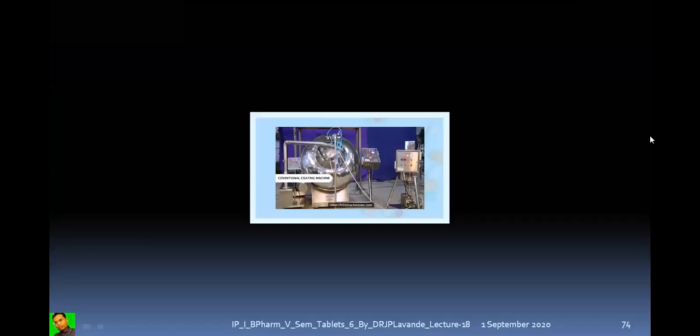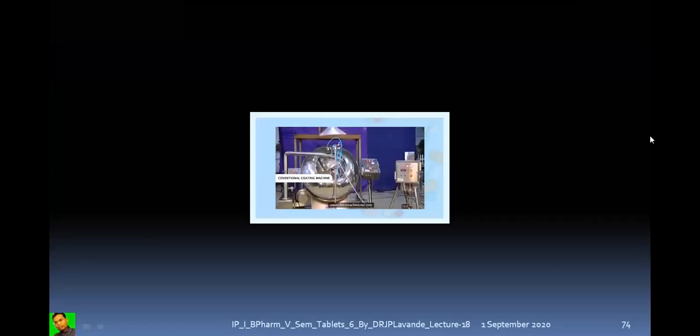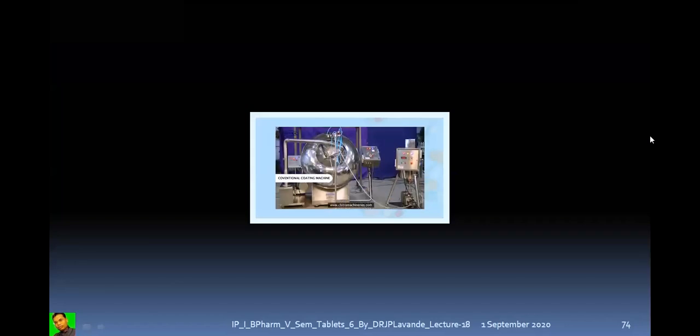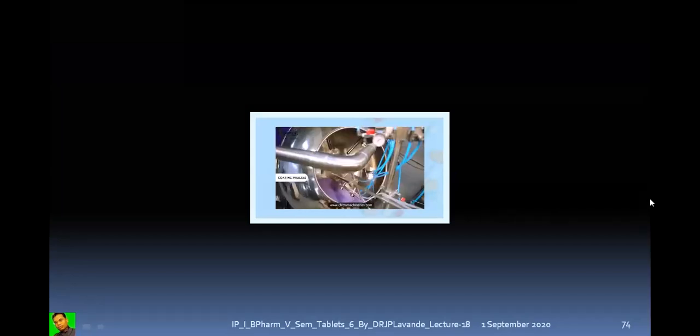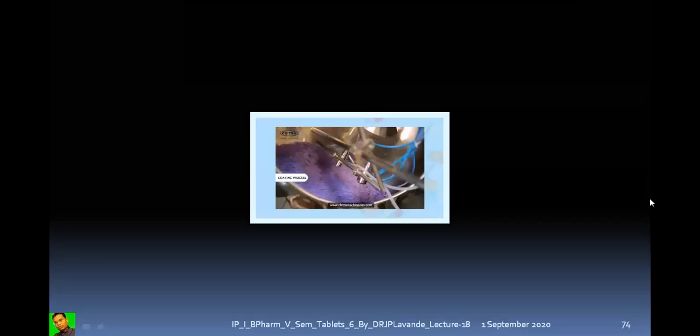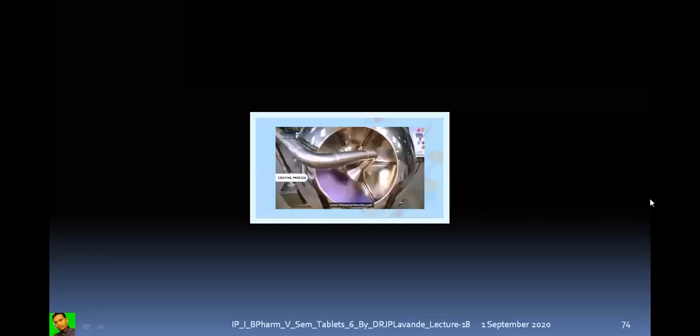You can see the coating pan is basically a perforated drum that rotates within a cabinet. The controls involve airflow, air temperature, air pressure, and the coating solution application rate, all controlled in this cabinet. A spraying system involves several spray guns.